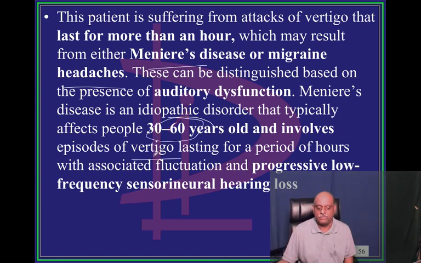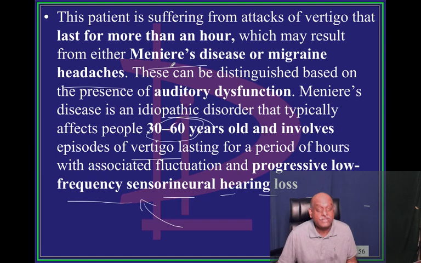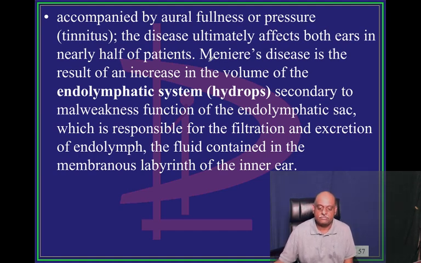Episodic vertigo, along with progressive low frequency sensorineural hearing loss, is an indication that it is Meniere's disease but not migraine, is what you need to understand. There is also aural fullness, pressure, tinnitus.